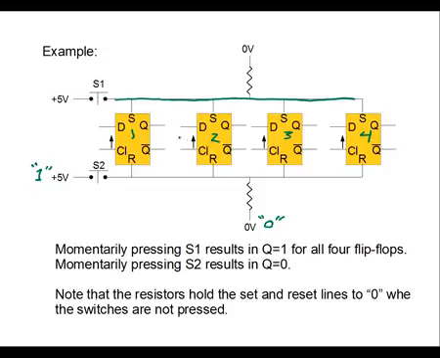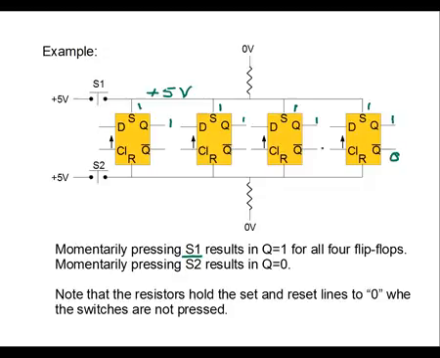So what can we do with this kind of circuit? Well, let's say that somebody momentarily presses S1. That results in this becoming 5 volts, and what that does is that now all the sets are 1. When all the sets are 1, all the outputs, the Qs, are 1.